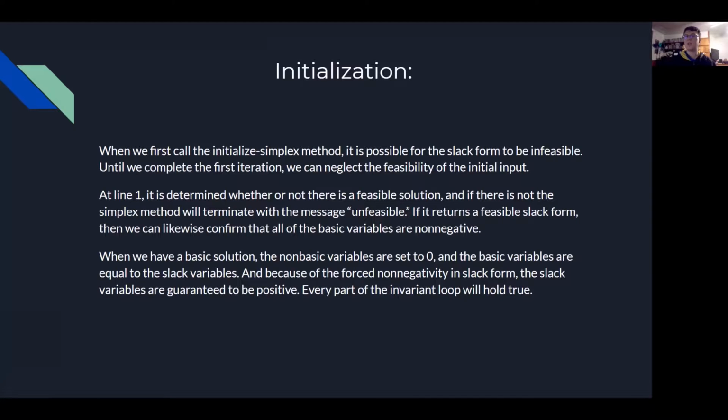And because the slack form enforces non-negativity for the slack variables, they will be positive, and we can guarantee that the solution will be positive too. And that's how we prove that all 3 parts of our invariant loop hold true at initialization.